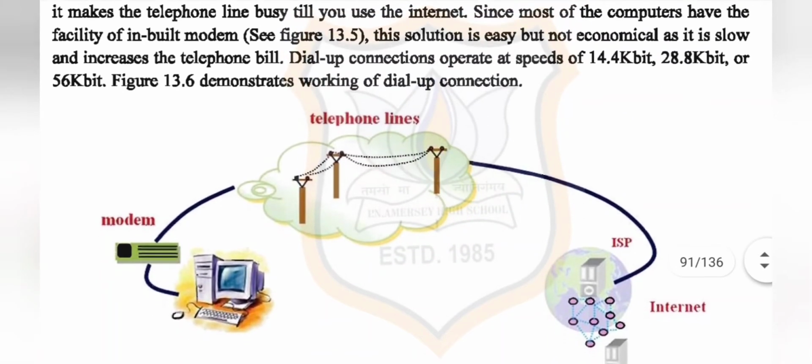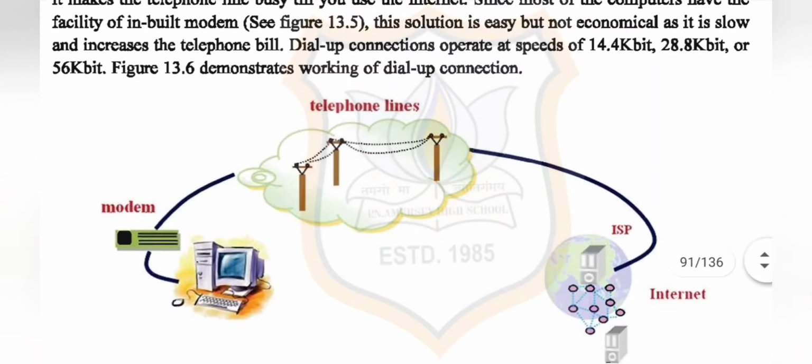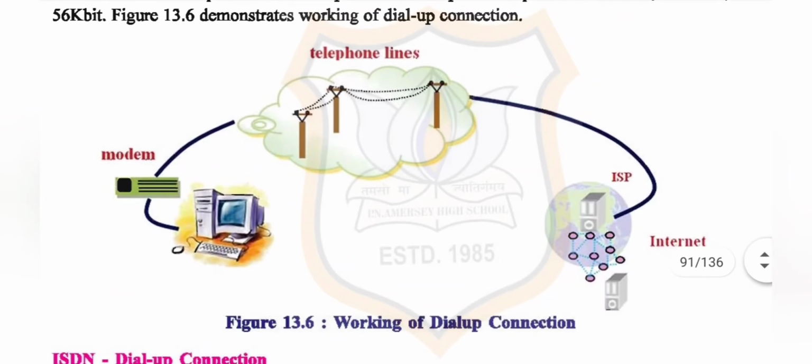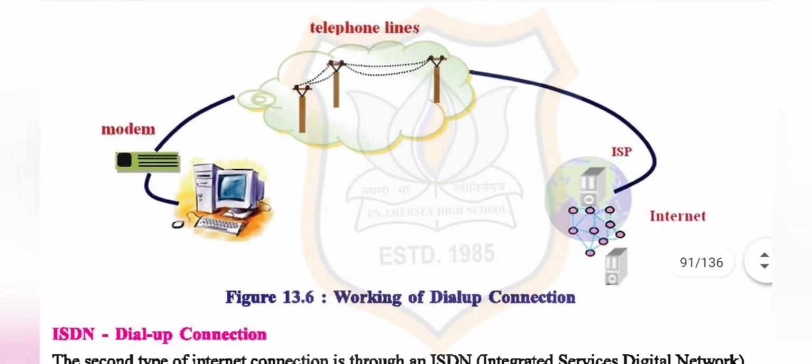Since most of the computers have the facility of inbuilt modem, this solution is easy but not economical as it is slow and increases the telephone bill. Dial-up connections operate at speed of 14.4 kilobit, 28.8 kilobit or 56 kilobit. Figure 13.6 demonstrates working of dial-up connection.